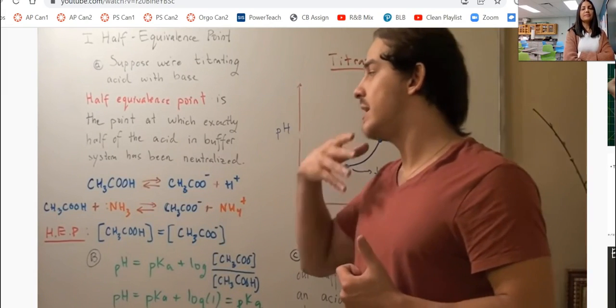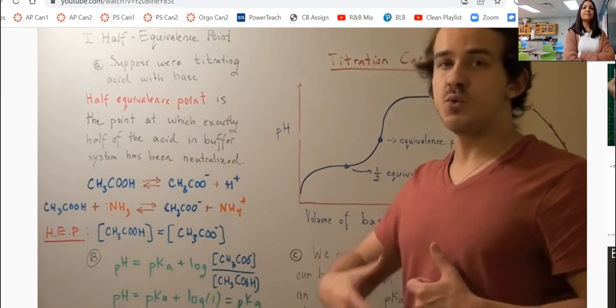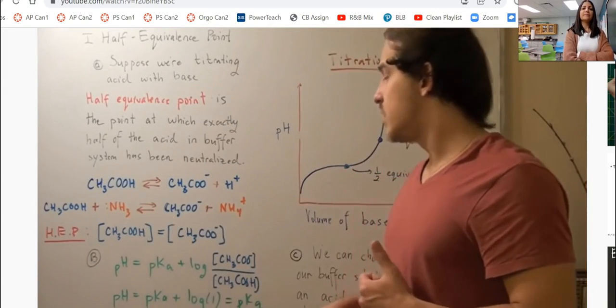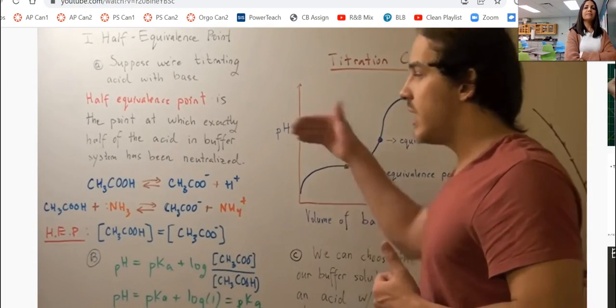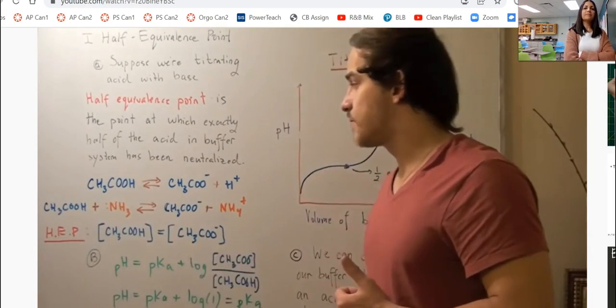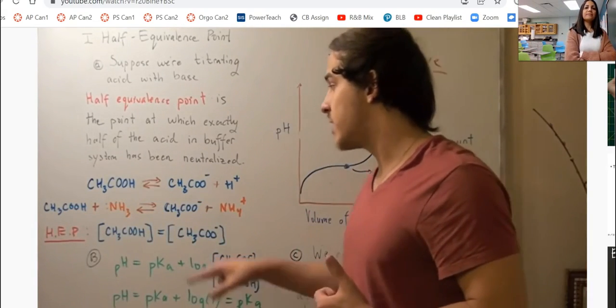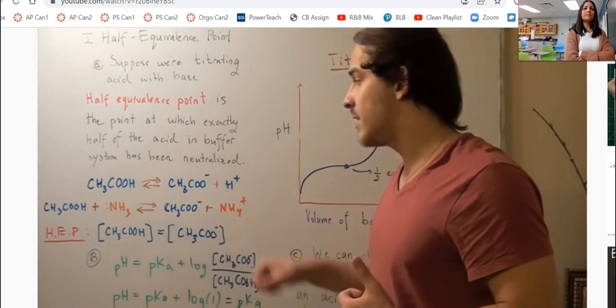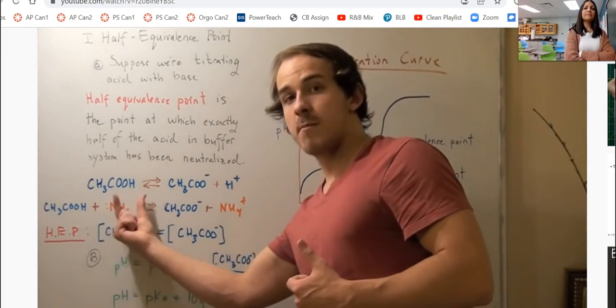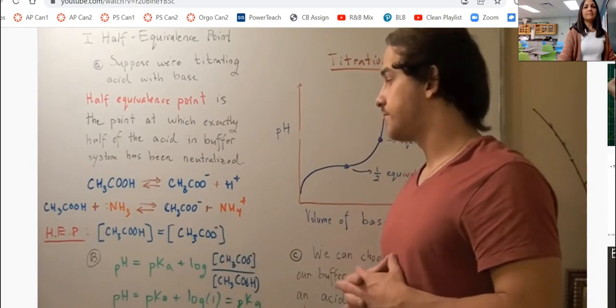Now suppose we begin adding some volume of our base, and suppose we choose our base to be ammonia. So we're adding the volume of ammonia into our acetic acid. Now the reaction looks like this. The conjugate acid, acetic acid, dissociates into the conjugate base, acetate ion. This base, the ammonia, gains an H, becoming ammonium.